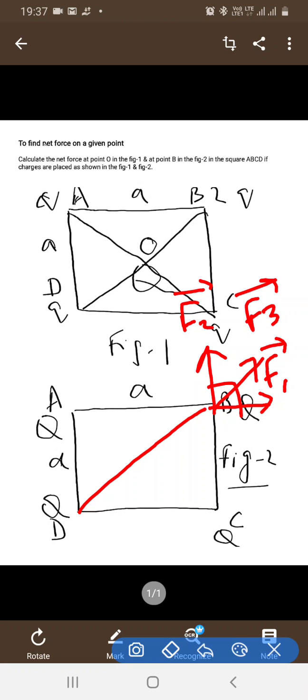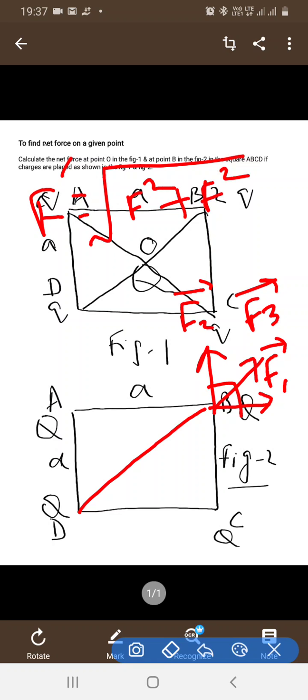So if I put F1 and F2 equal to F, then the net force F dash will be equal to under root F1 square plus F2 square plus 2F1F2 cos 90 degree. F1 equal to F, so F square plus F square, and cos 90 degree is equal to 0, so we can put only under root F square plus F square, that is F root 2. And we see F dash is also along F3.